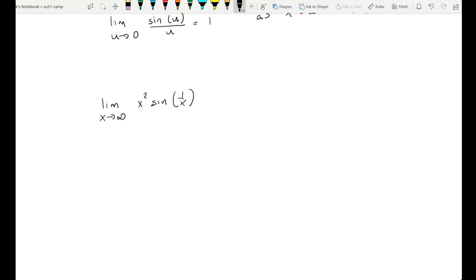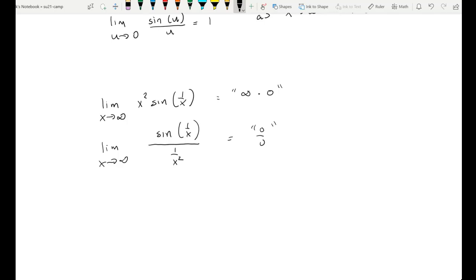All right, so then for this one, when we evaluate directly, we still get the same indeterminate form. Infinity squared, if you will, is infinity, and sine of 1 over infinity is sine of 0. Okay. So we can use the same idea. We simply rewrite the x squared as 1 over its reciprocal, so that we get indeterminate form 0 over 0.